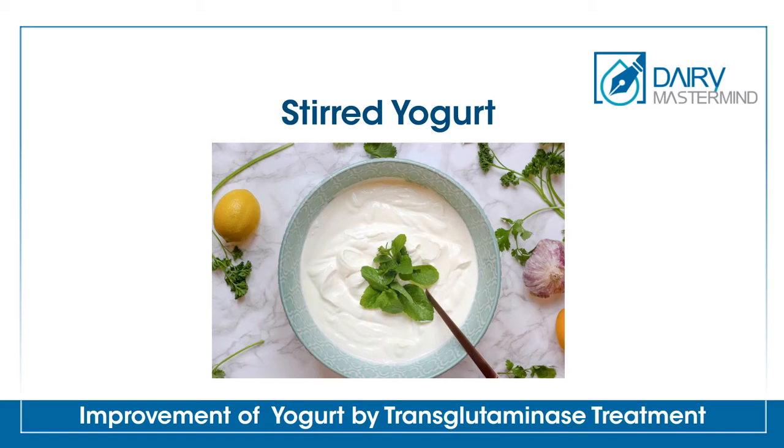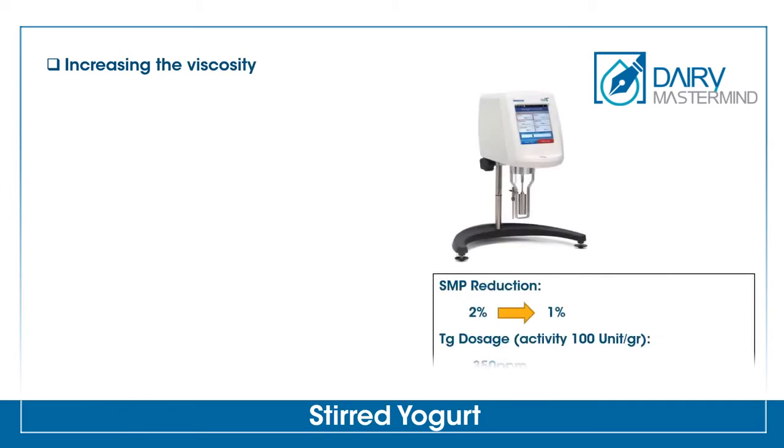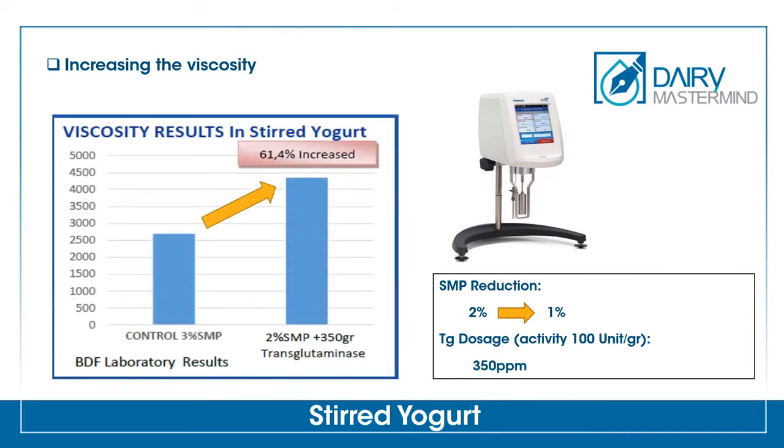Stirred yogurt. It can increase the viscosity in stirred yogurt. By reducing 1% of SMP and replacing it with 350 ppm of TG enzyme with an activity of 100 units per gram, the viscosity will increase by 61.4%.